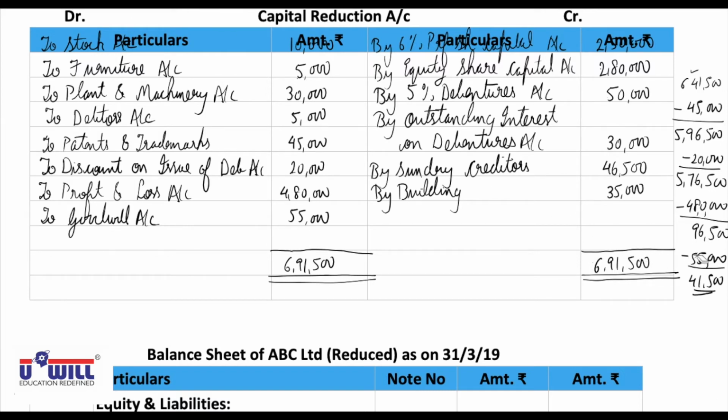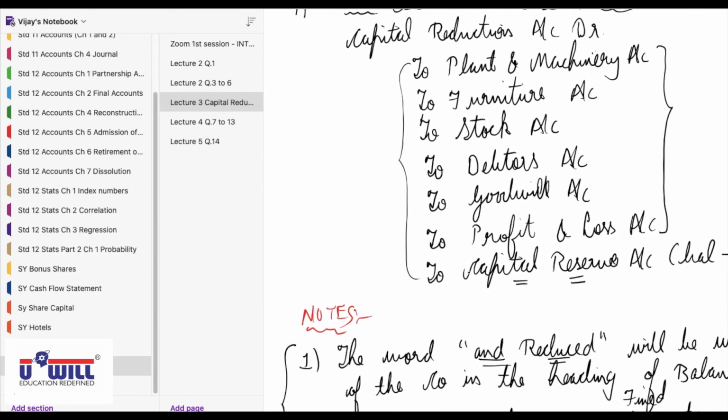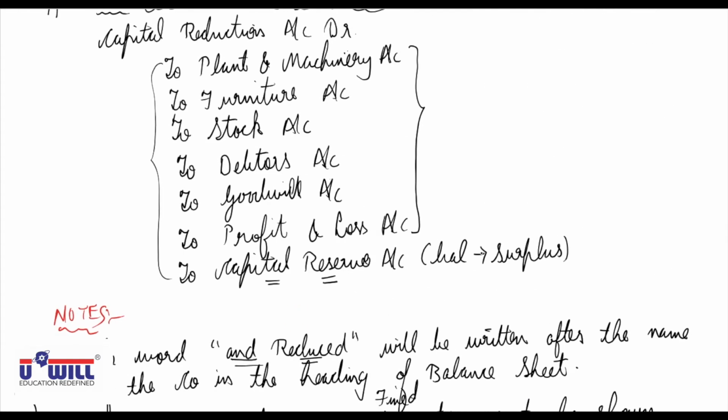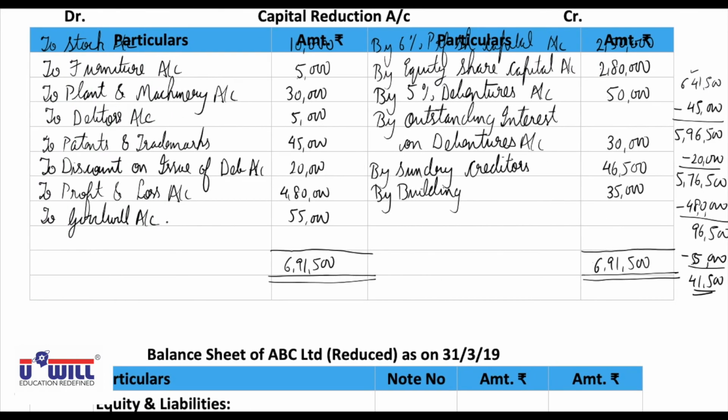Now what will you do with this left out amount of 41,500? We studied that after writing off all assets, if any surplus amount is left out, then that must be transferred to capital reserve. You can see in this explanation done earlier, if any balancing surplus is there, then we have to transfer it to capital reserve. In this question, the surplus amount left, 41,500, will be transferred to capital reserve account.